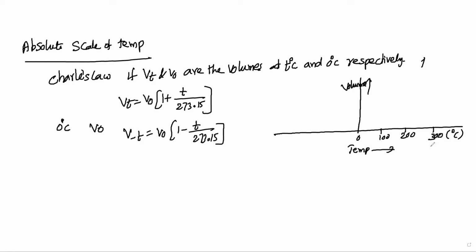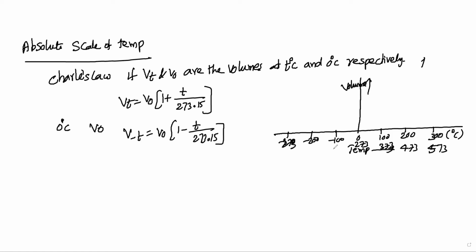If it is in Kelvin, 573 Kelvin, 473, 373, 273, and still less over here, minus 100 degree centigrade, minus 200, minus 270 you can take it over here, 273 you can take it.